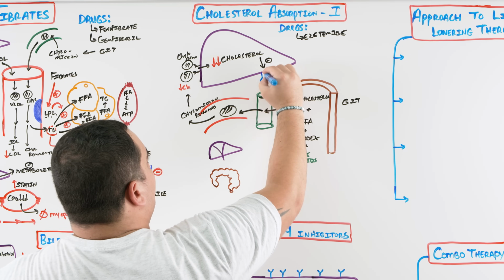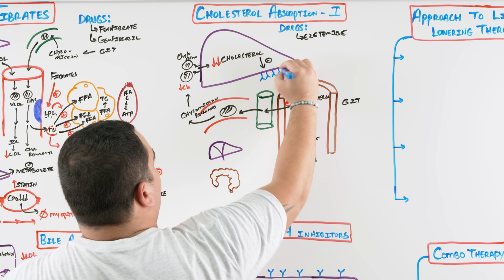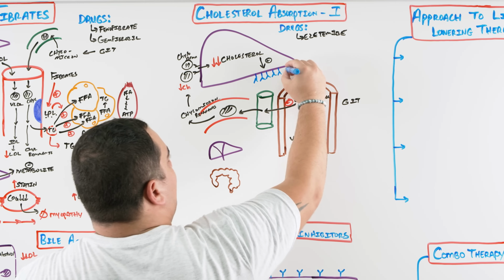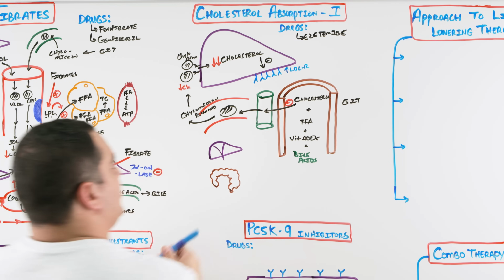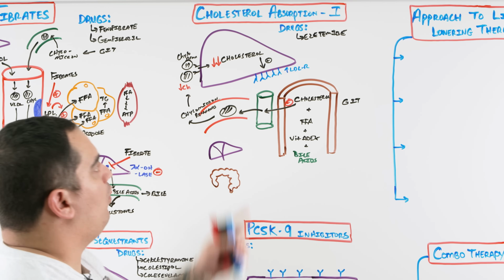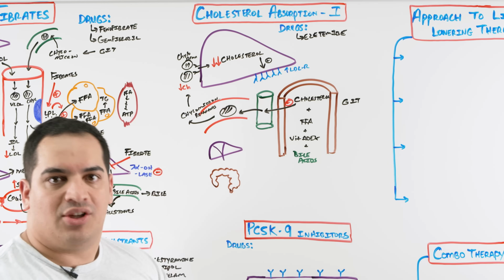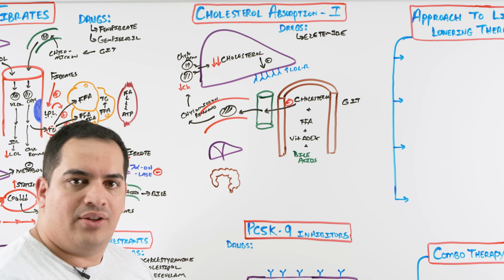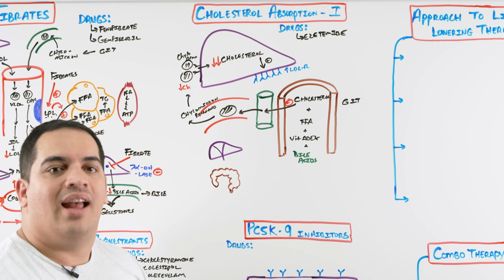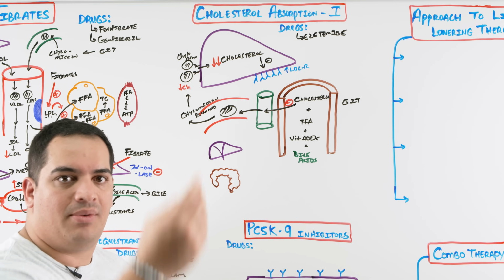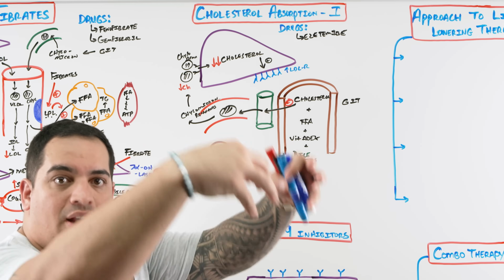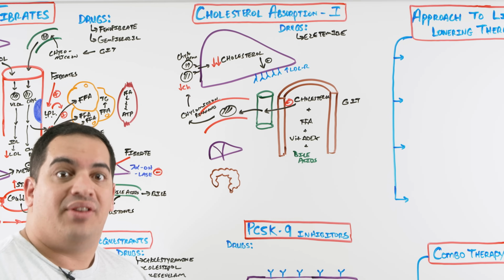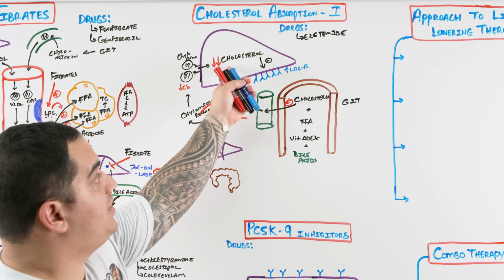And so if we increase the expression of LDL receptors, what are we going to do then? I'm going to increase my number of LDL receptors. Because again, we already talked about this before. The whole mechanism is that low cholesterol stimulates the synthesis of DNA to RNA, RNA to proteins. Proteins such as LDL receptors are then packaged, sent up to the cell membrane so they can bind LDLs, bring more LDLs in, so that LDLs that have lots of cholesterol can try to increase the cholesterol in the liver.